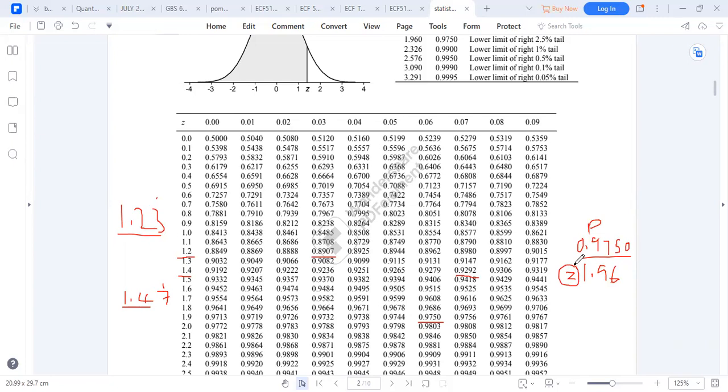Sometimes we do not have the exact one, so you get the closest possible. Help me find the Z for 0.9116. This is the probability. Give me the Z for 0.9116. 1.35.